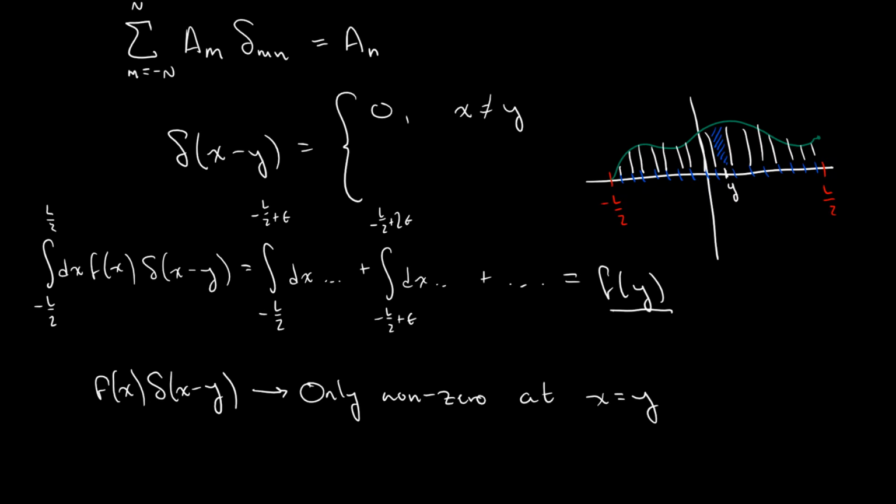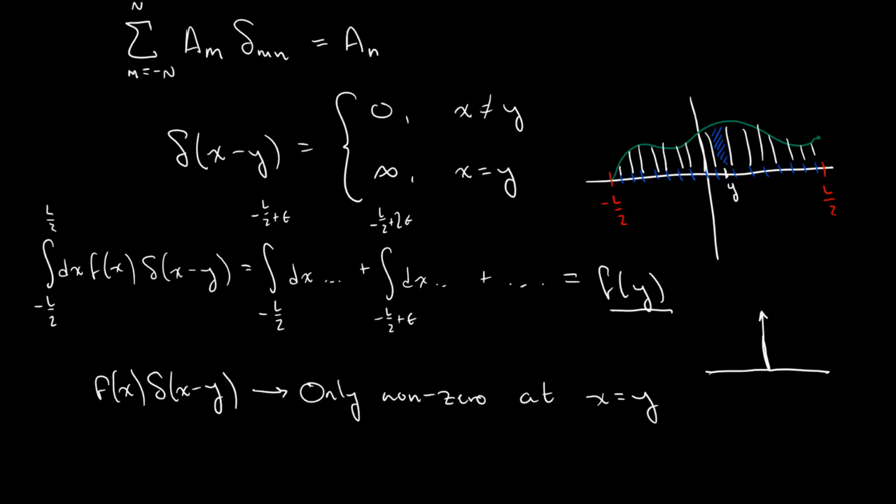But if I have an area under a function which is only non-zero at a single point, so this function really looks something like this, to have some non-zero area under this has to be formally infinite. So this is infinity. It's a bit weird to think about, but there's no other choice. To have a finite area underneath a single point, that point has to live at infinity.